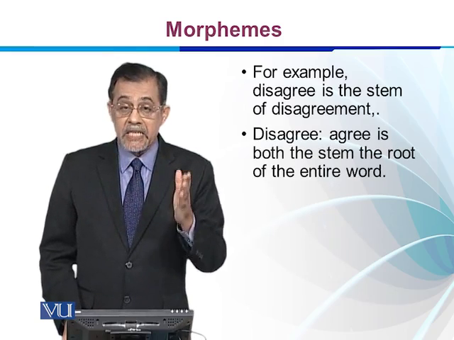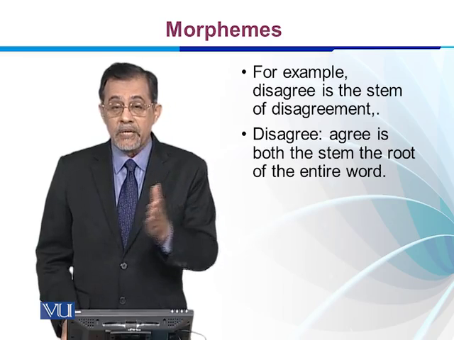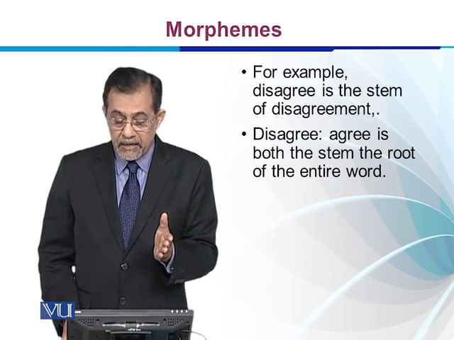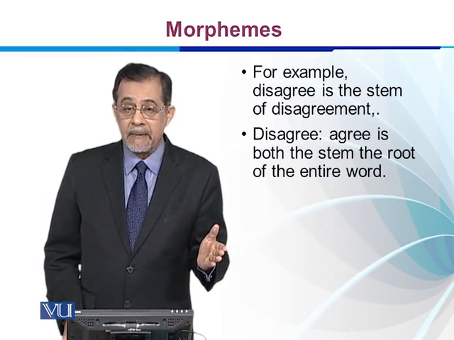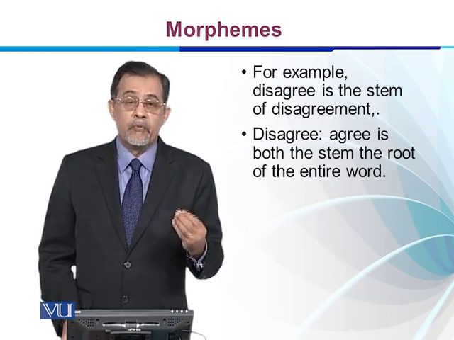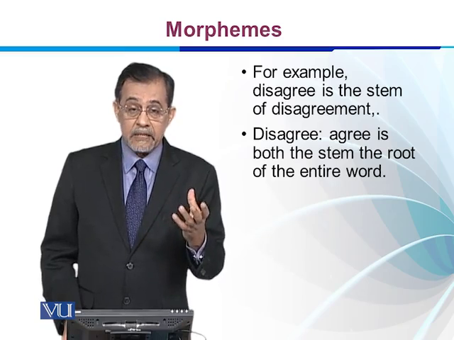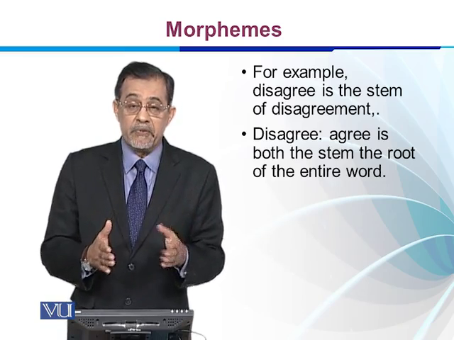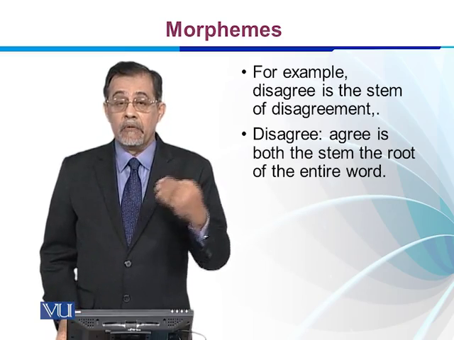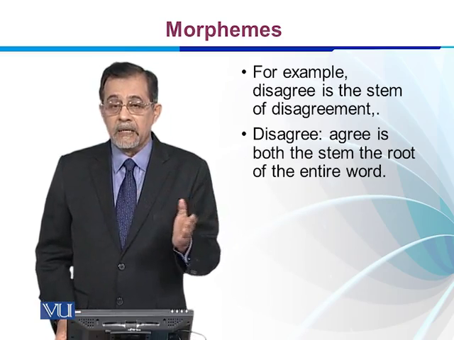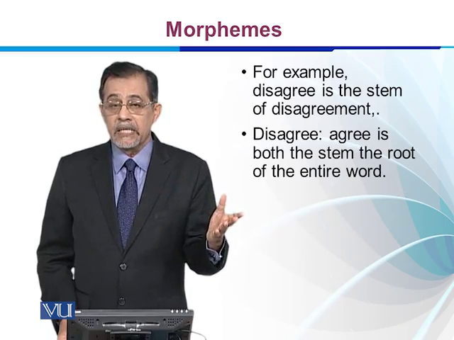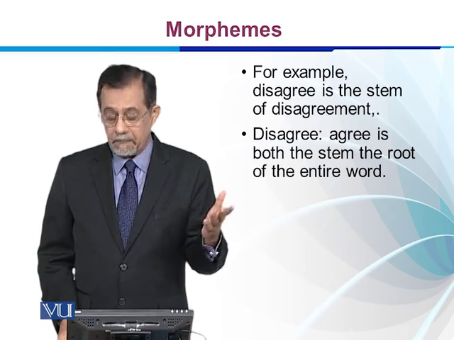But when we take disagree, we break it into agree and dis. So here, agree is the root as well as the stem, because it is the simple word. This is the difference: when we attach a prefix or suffix to any stem, we are actually talking about a stem.